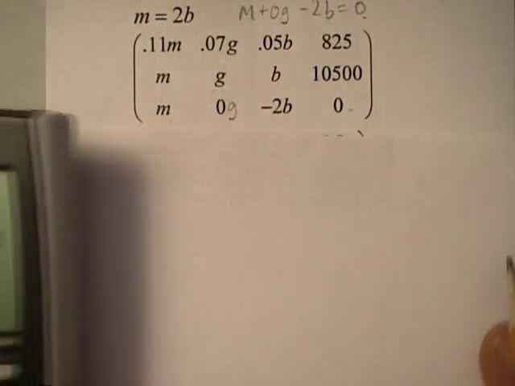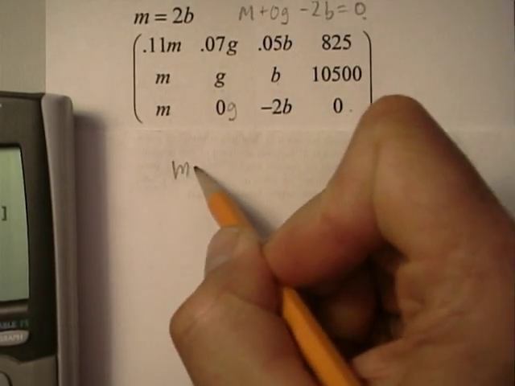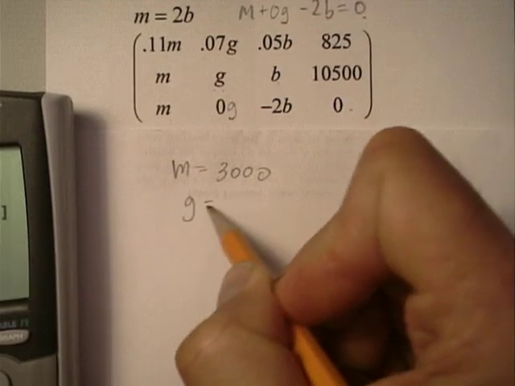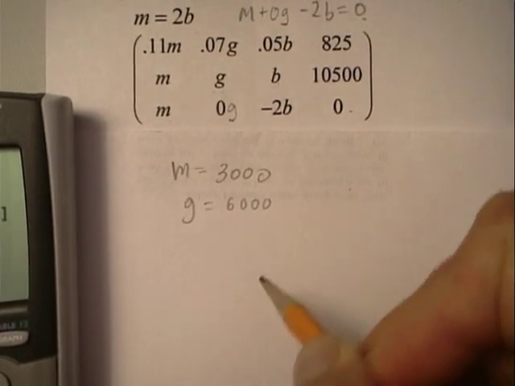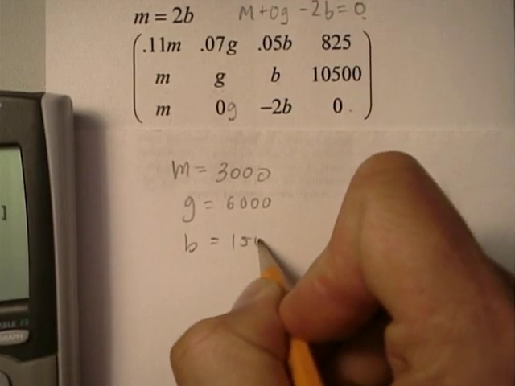So on my paper, I could simply say M is equal to 3,000, G is equal to 6,000, and B is equal to 1,500.